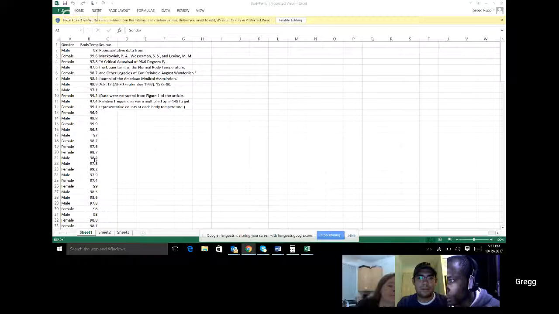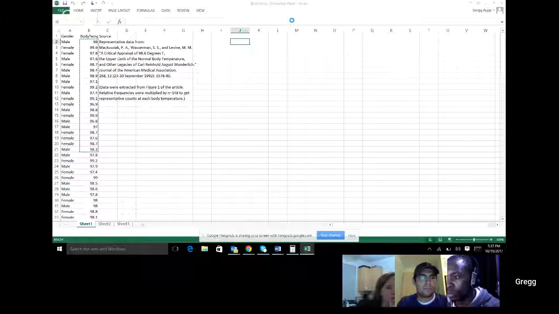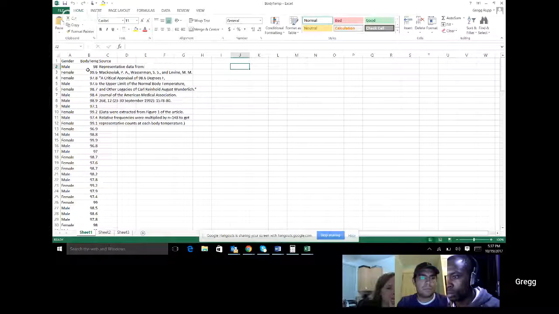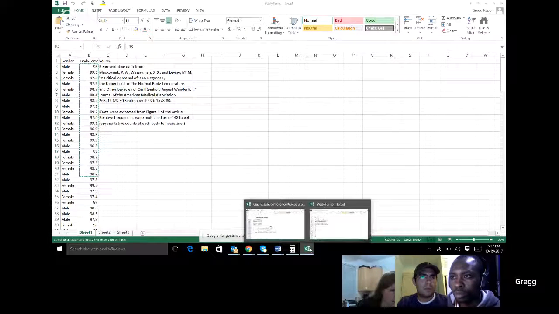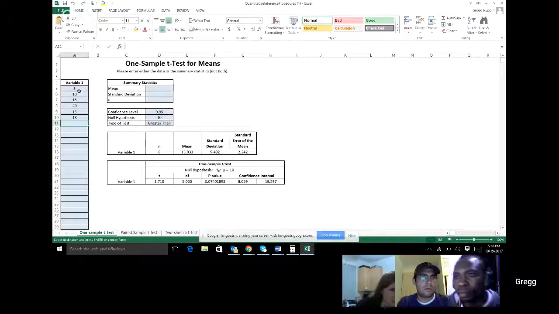Okay, so we can comfortably say that from number 2 all the way to 21, that is the same set of data that is used here in the quiz. And then, if you go to Excel tools and go to the quantitative inference procedure and open that one up, that's what we have to use for this, plugging these numbers into one sample t-test for means.